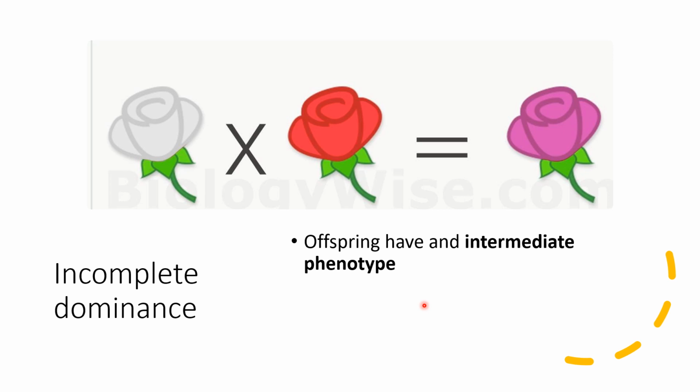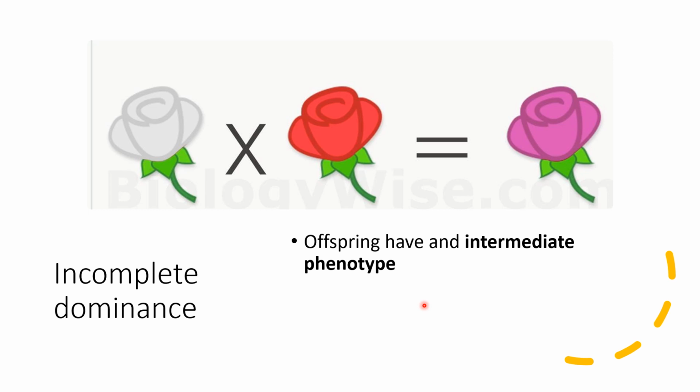And when we talk about incomplete dominance, the offspring that are produced have an intermediate phenotype. They are not red, they are not white, but they are in between the colors of the parents, okay? This can be the same as, let's say, a white-skinned person producing a baby with a black-skinned person, and then that baby is brown, to show that it is in between the colors of the parents.